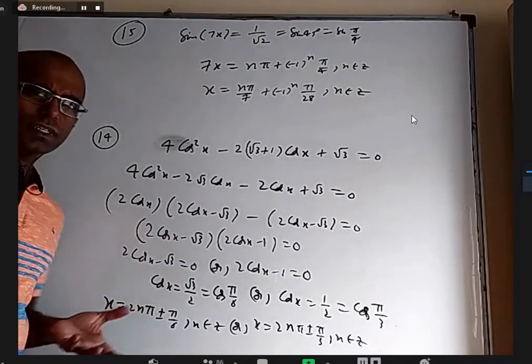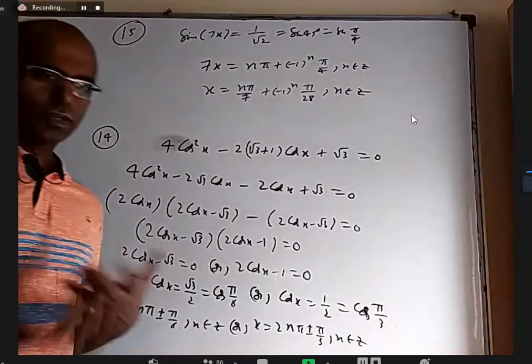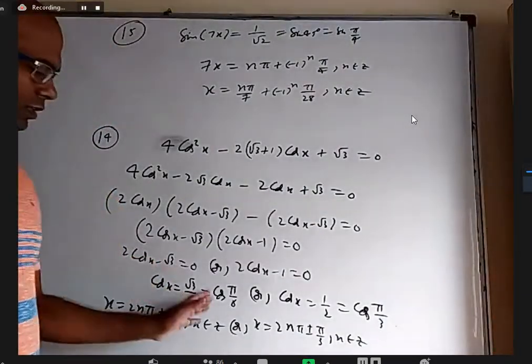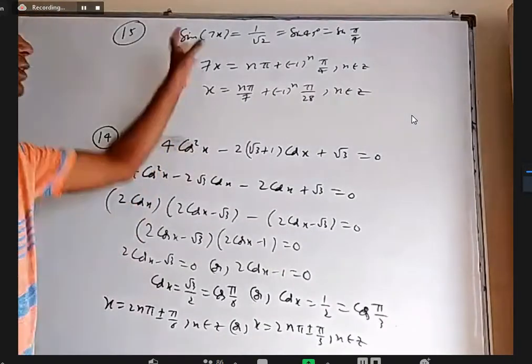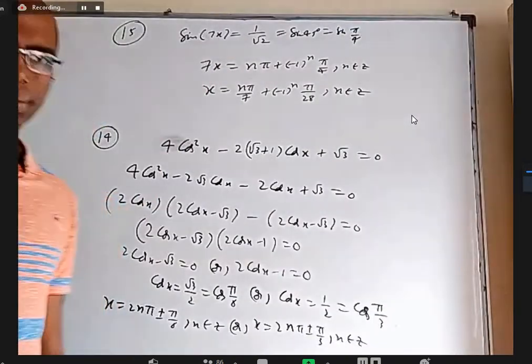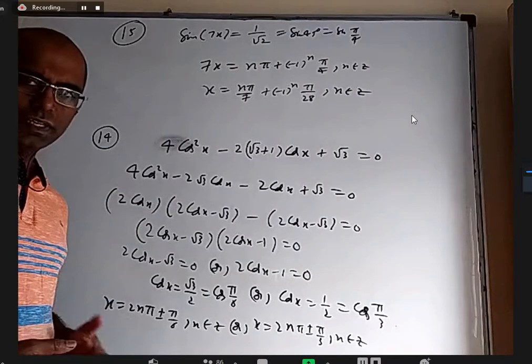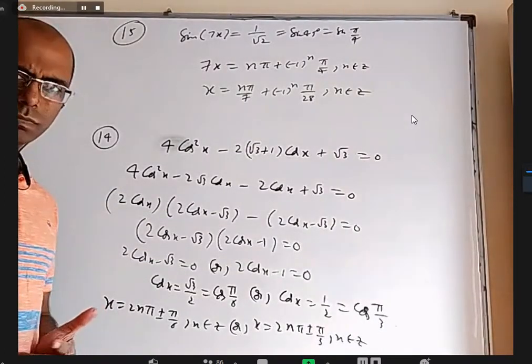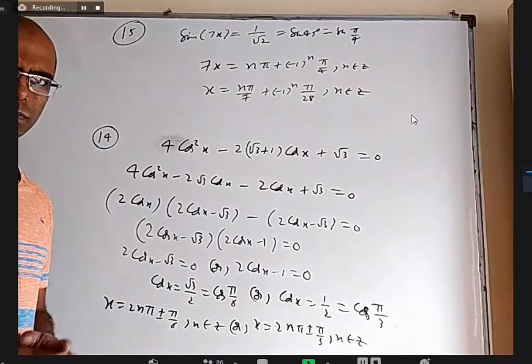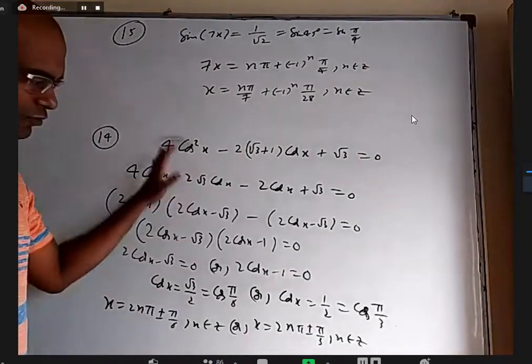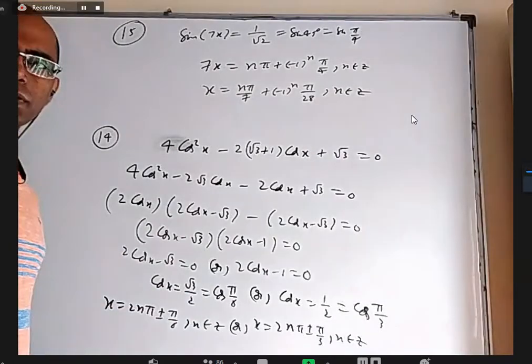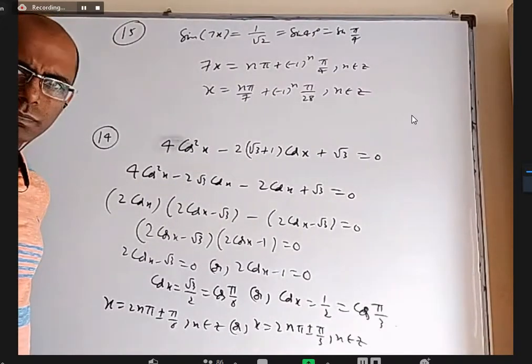Basically we have seen three questions: tan x equal to tan alpha, what is the general solution; cos x equal to cos alpha using that formula; and sin x equal to sin alpha. 14th question, does anybody still have any doubt? I'm going to erase 14. Anybody needs time to copy or to understand? No doubt.